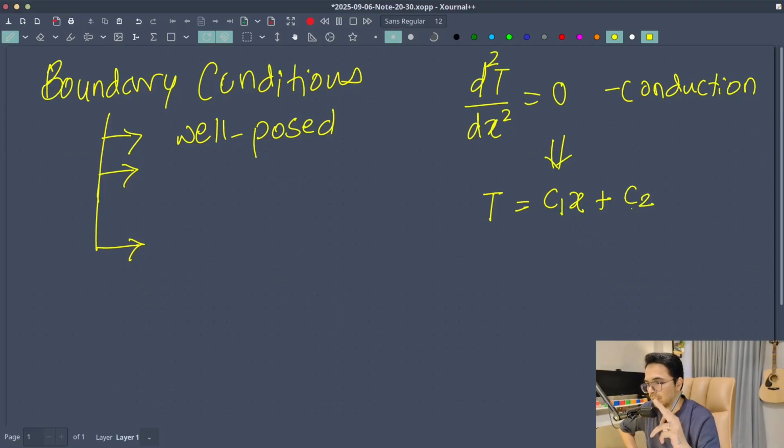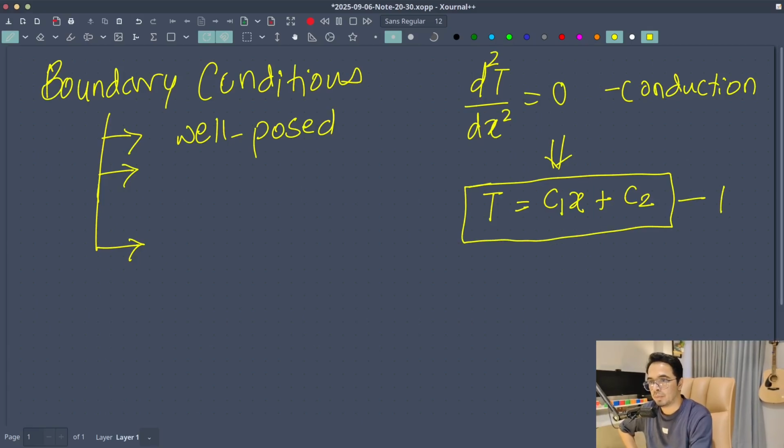Now for us to be able to model this physics, we should be able to solve this equation, but we have only one equation. However, there are two constants in place. Obviously, we cannot solve this unless we know the values of these two constants.